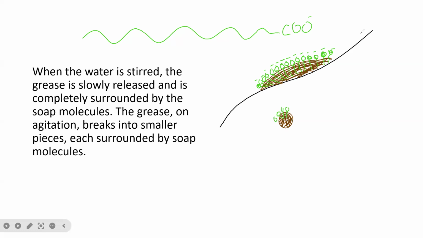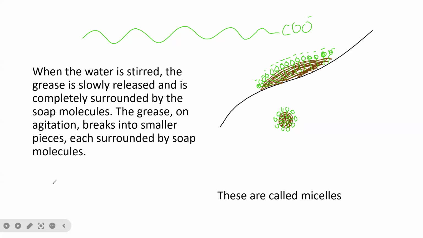Please pay attention to this because you should be able to describe this when you are asked in an exam. Now, this thing you are looking at here is what we call a micelle. If you want the spelling of micelle, that's it on the board there.